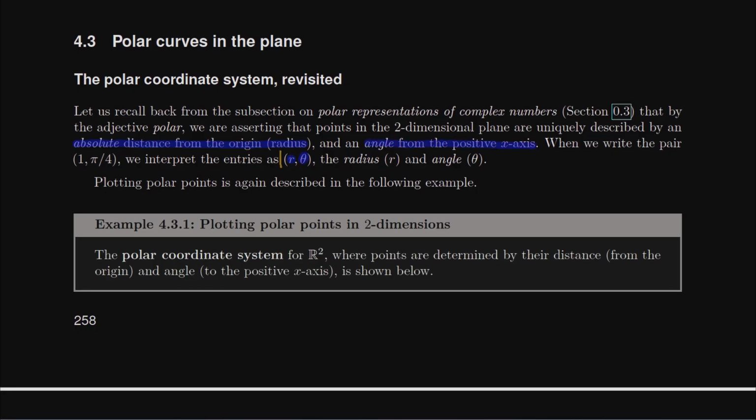And so we used parentheses, and it looks, in quotes maybe here, just like an xy point, but should be interpreted differently, right? We don't interpret the first entry r as an x value or the second entry theta as a y value. They have truly different interpretations. And this is why, if we remember all the way back, I did start to use a subscript POL on those sorts of points, and I will eventually get back into that subscript today.